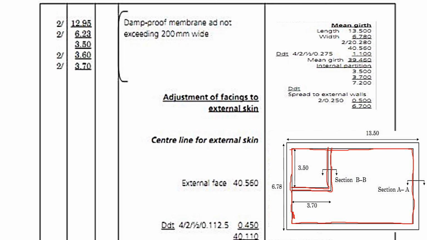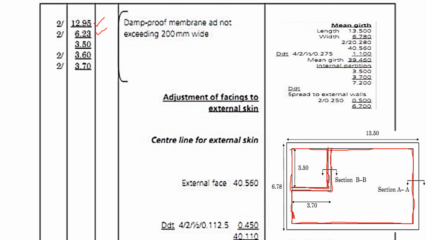So here there is another issue of contention. If you have anything that you can explain to us, kindly help us here. For the internal dimensions, the length will be 12.95 times 2. The width shall be 6.23 times 2. Then there will be 3.5 from here up to here.